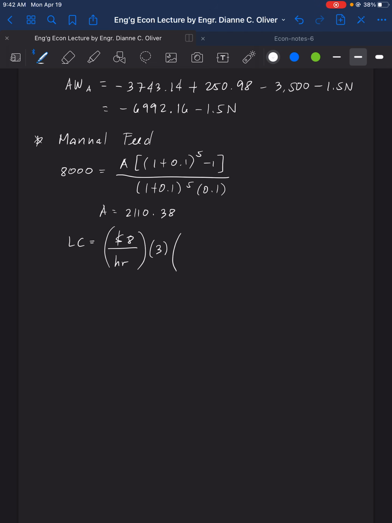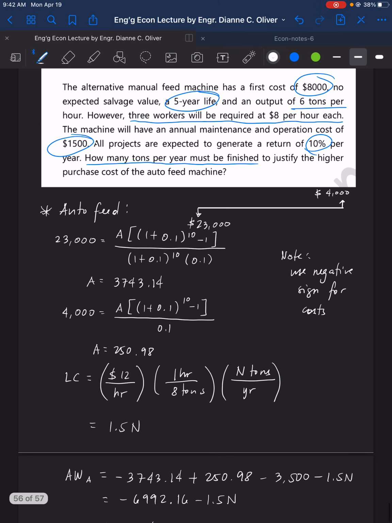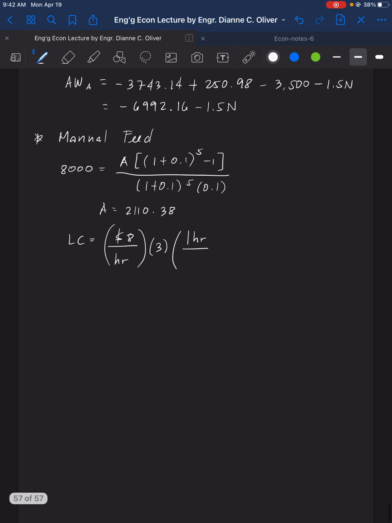Then we have 1 hour per 6 tons, 6 tons per hour, and then we're looking for the N tons per year, so that we will cancel out hour and cancel out tons. So labor cost becomes 4 times N. Okay?